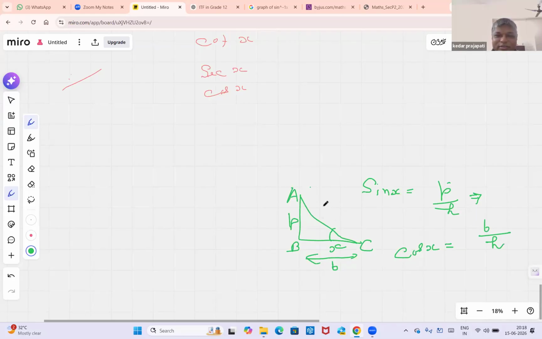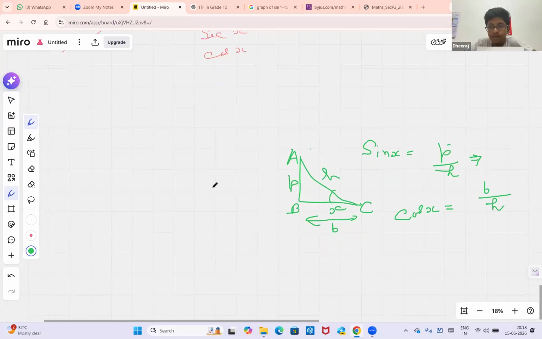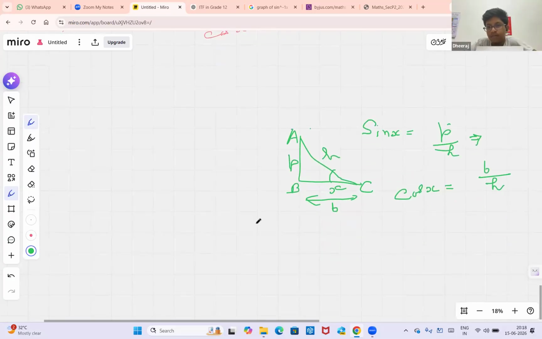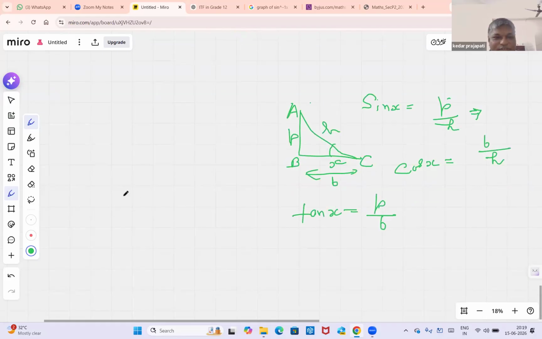This one is the hypotenuse. Correct? Yes. Suppose you want to get tan X here. So this will be perpendicular by base. So what I'm trying to tell you right now is that this X is nothing but an angle.